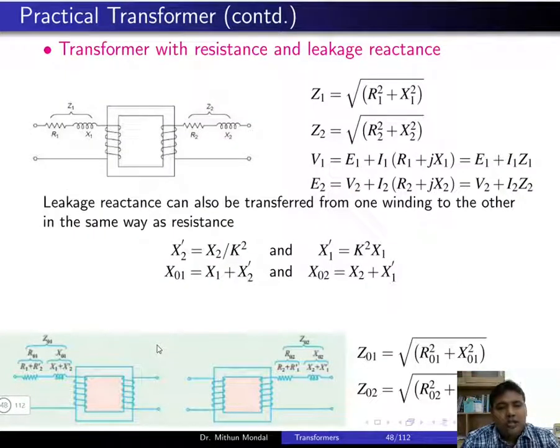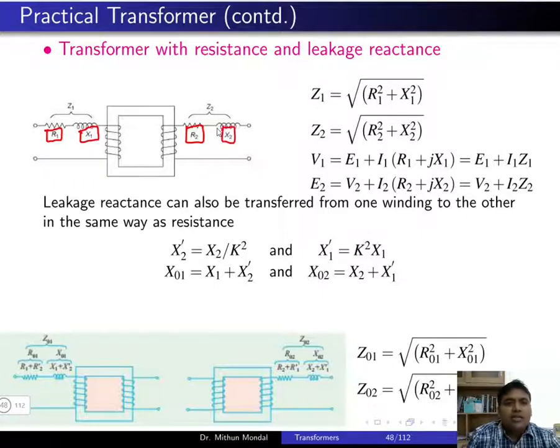So now we are in a position to include all the quantities of the transformer. Basically our transformer has a resistance R1 on the primary side and R2 on the secondary side due to the copper winding. And due to the leakage, you have a reactance X1 on the primary side and X2 on the secondary side of the transformer.